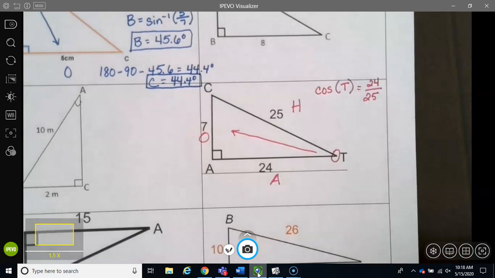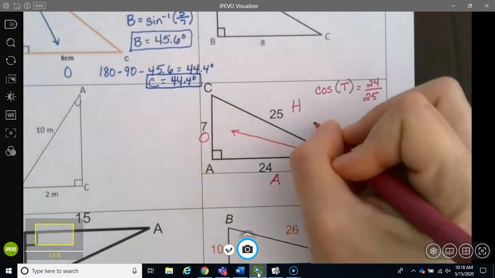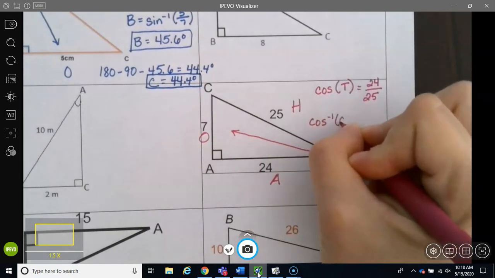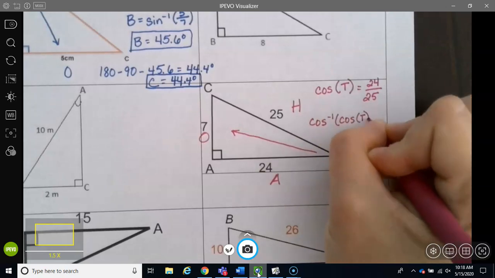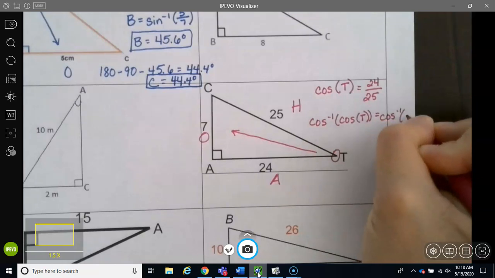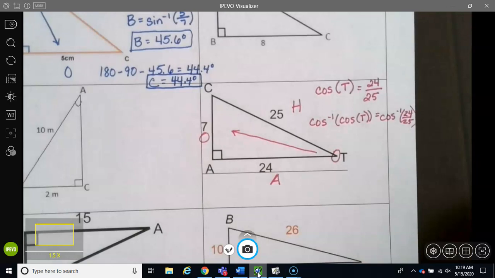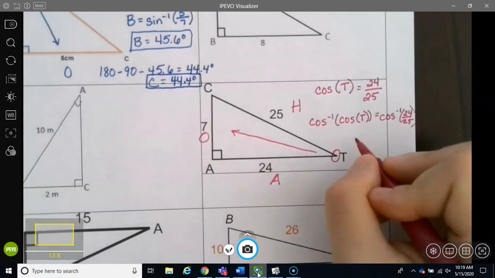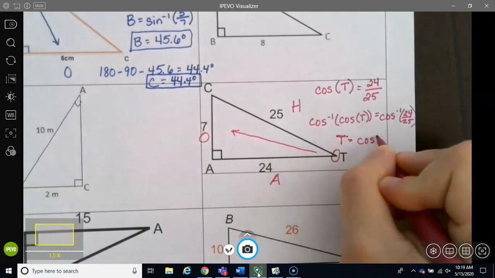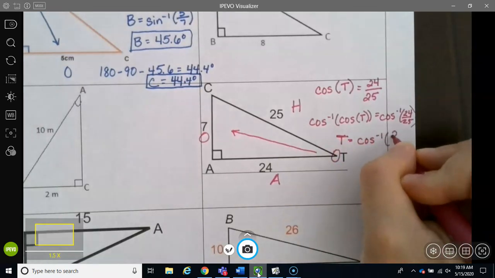And then now that you have it set up, you just got to work towards getting T by itself. So we have to take the cosine inverse of both sides. Okay, so that leaves us angle T is equal to the cosine inverse of 24 over 25.